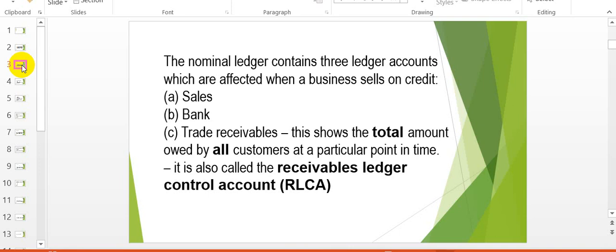The trade receivable, which shows the amount owed by the customers at any particular point in time, will be opened, and balances in this trade receivables will be cleared through the bank when the payment has been made. The trade receivables is also called the receivables ledger control account, abbreviated RLCA.